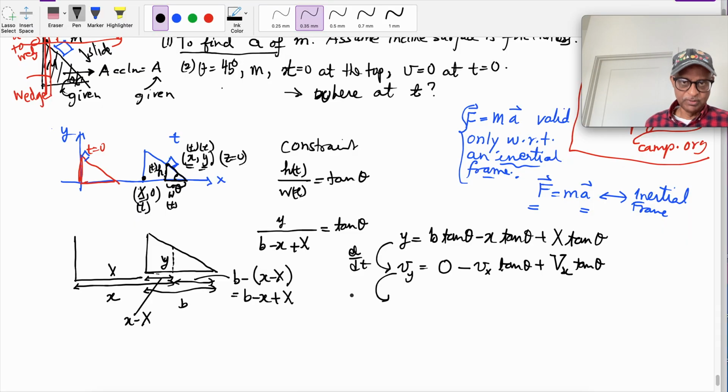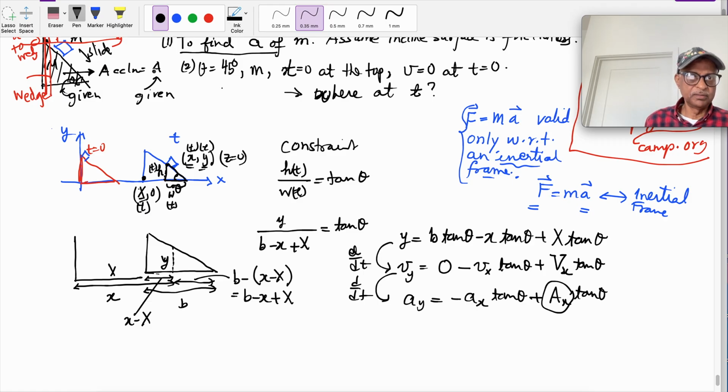And do one more d/dt: minus ax tangent theta plus capital A tangent theta, and this we are calling a. The wedge is moving, and its acceleration is pointed to the right for convenience.